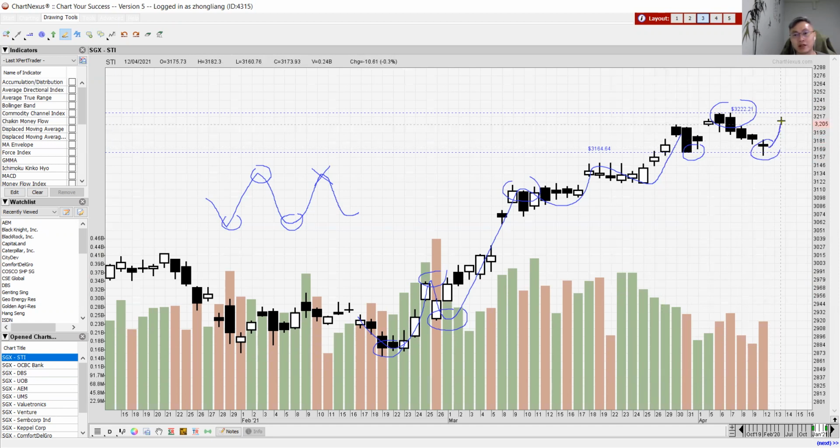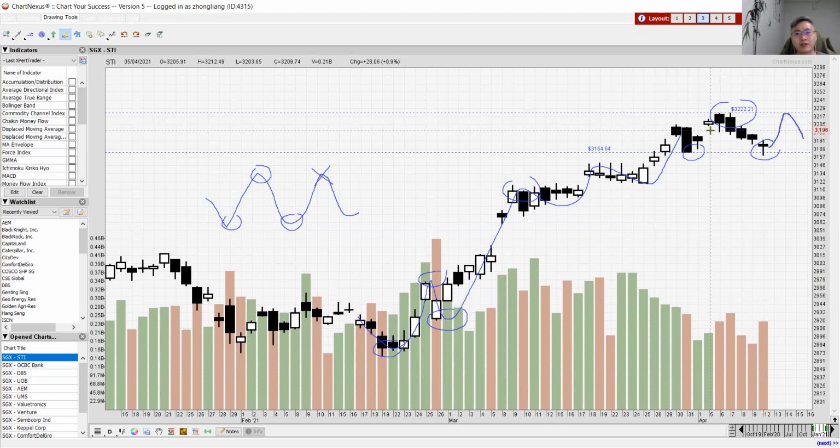If the index goes up to test the 3222 resistance and pulls back, then we establish the sideways trend. So what we are looking at is a potential change in trend for STI.